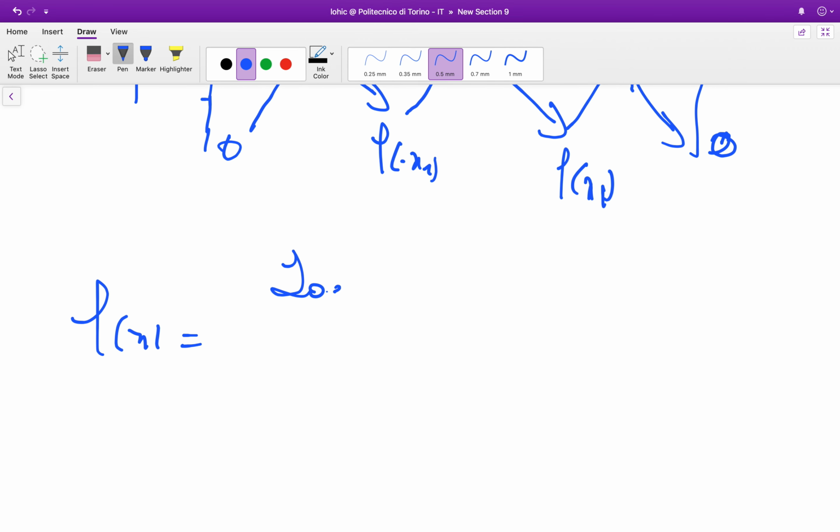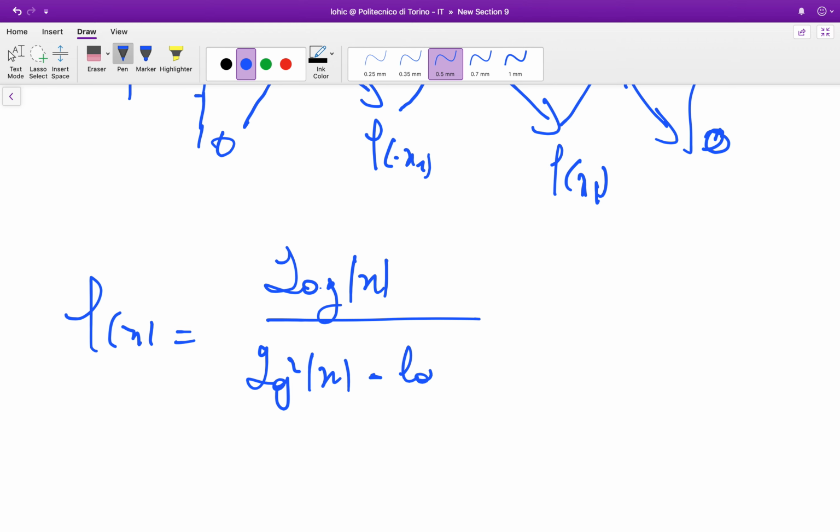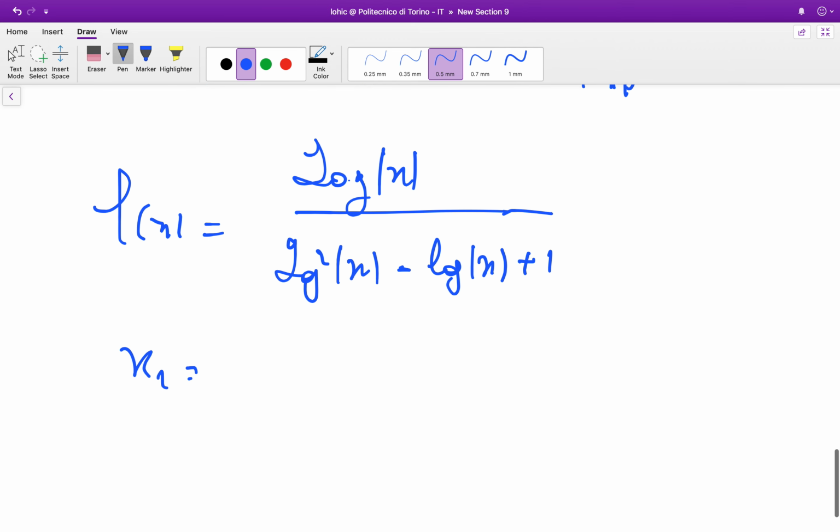Log of the modulus of x divided by log square modulus of x. Okay, thus x1 is exponential of minus 1 plus root 2, and x2 is exponential of minus 1 minus root 2.